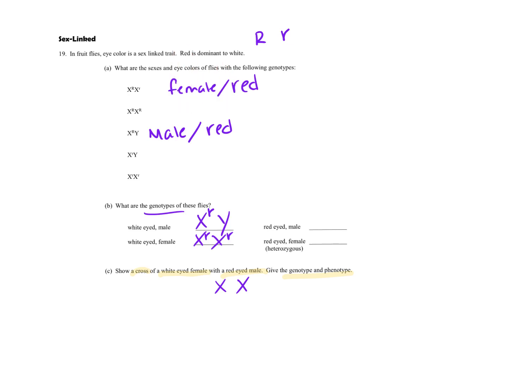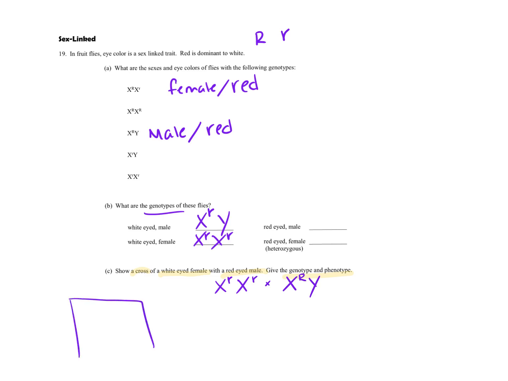So the only way for the female to have white eyes is if she's double homozygous, little r, little r. And then she is going to be crossed with a red-eyed male. Because he's a male, I know it's XY. Red is dominant, so we're going to have a capital R there. Again, nothing on the Y. It's not carried on the Y, it's carried on the X.